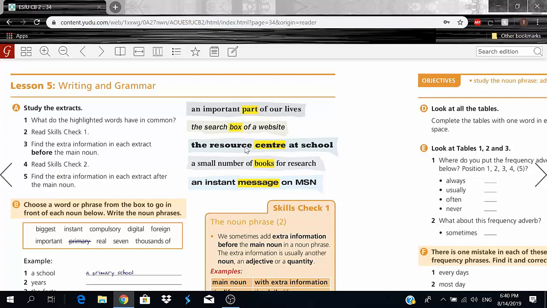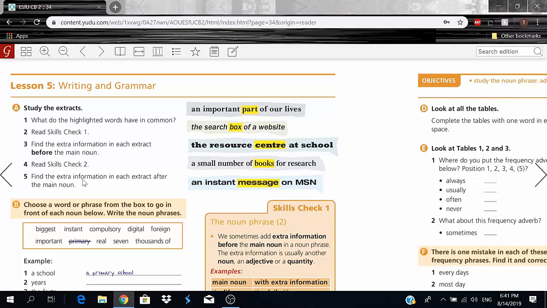That's what they have in common, is that they are all the main nouns, okay? And find the extra information in each extract before the main noun, okay? So not after the noun, but before. So obviously, an important, the search, resource, a small number, and instant, okay? These are the extra information for the main noun, okay?